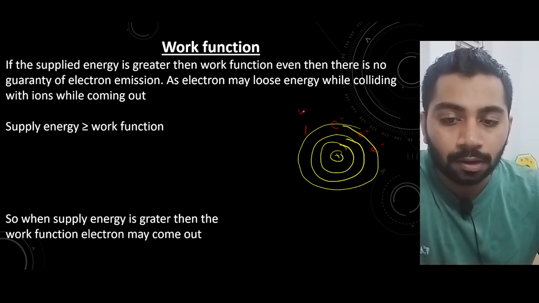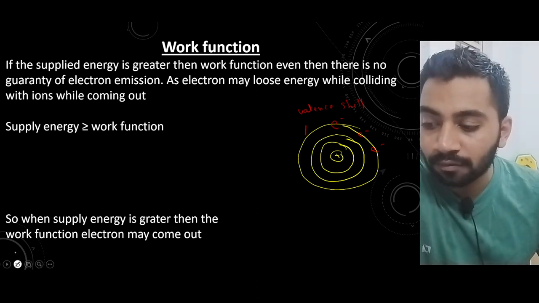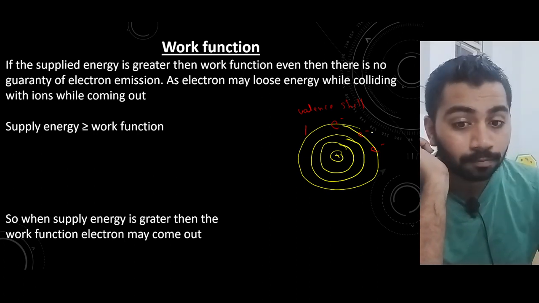And this is your valence shell, which means weakly bound. Now this electron can easily come out.